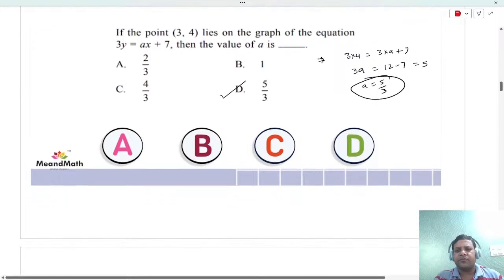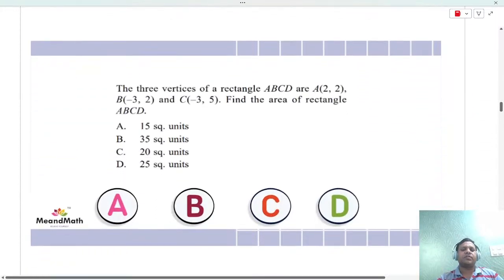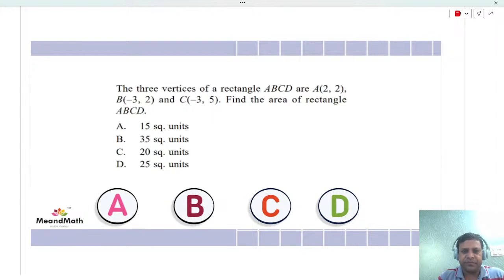Next question is a good question. Question number 4: three vertices of rectangle ABCD are given. Find the area of the rectangle ABCD. Now, आपके दिमाग में क्वेश्चन आना चाहिए, सर, फोर कोऑर्डिनेट्स होने चाहिए रेक्टेंगल यहाँ पर, तो थ्री गिवन.